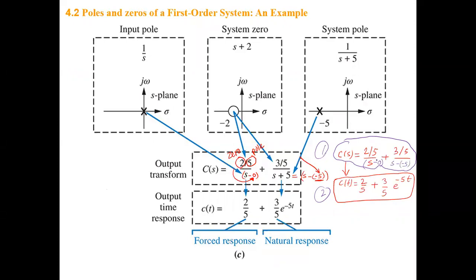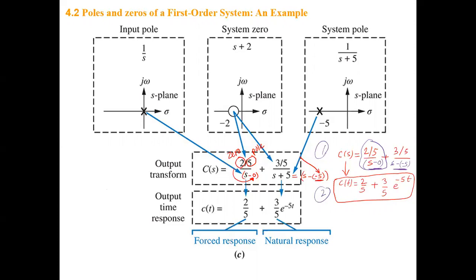Okay. Now the thing is, this bottom one gives me the pole, right? So here, what is the pole? 0. Here, what is the pole? Negative 5. So the pole is 0, meaning you have the pole here. I'm talking about this 1 over s being the input.